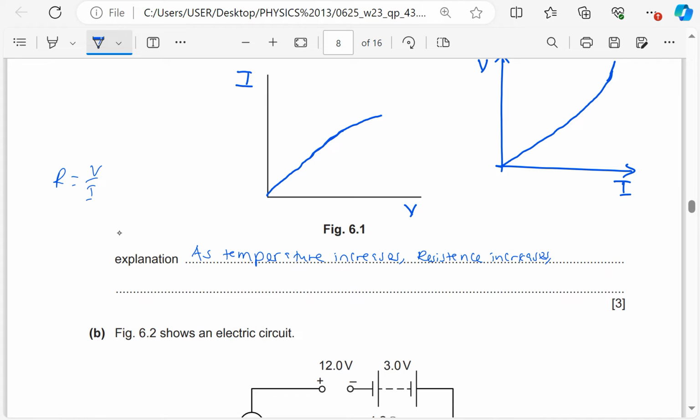More voltage is required for the same increase in current.